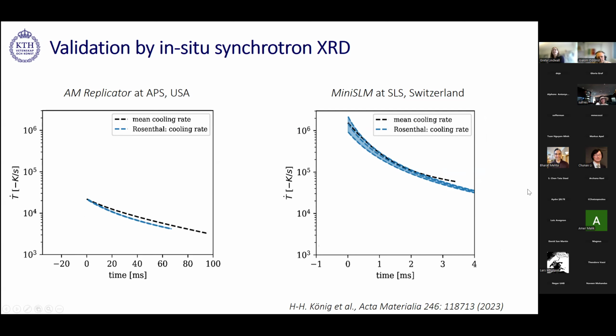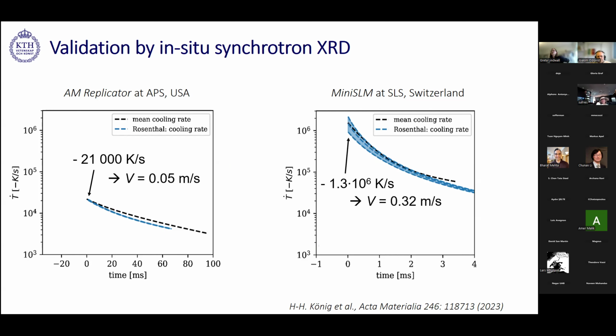If we look at the AM replicator, we have a cooling rate of around minus 20 Kelvin per second, according to the diffraction data. And in the mini SLM case, we have a much higher solidification cooling rate, over 1 million Kelvin per second. And using some thermal modeling, in this case Rosenthal, the classical analytical solution to estimate the temperature distribution around a moving heat source, we can go from the cooling rate to the thermal gradients and the solidification velocities.